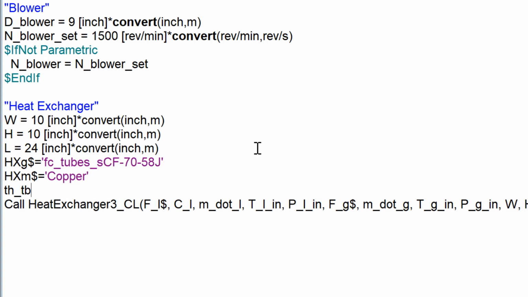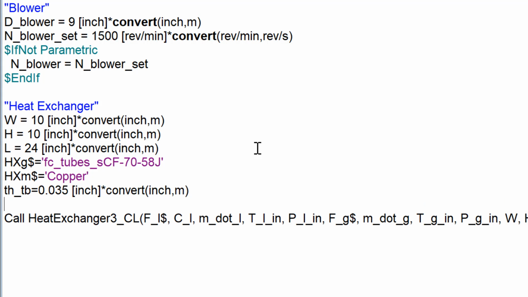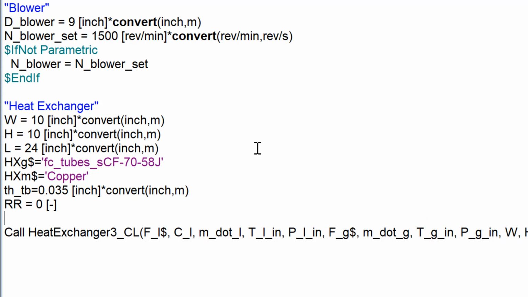We're going to assume that I think this is actually the tube thickness. The tube thickness is 1/32 of an inch. And what else do we need? We will put in a relative roughness of 0, and we will assume it's a single pass heat exchanger.